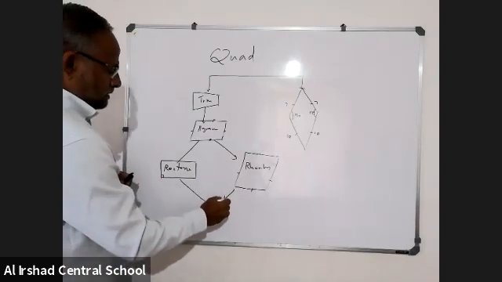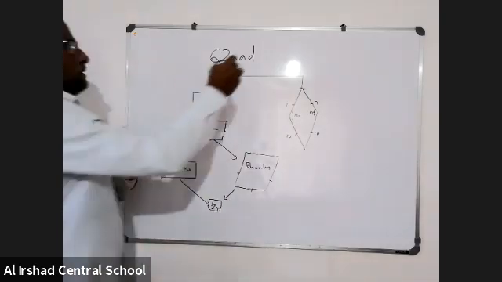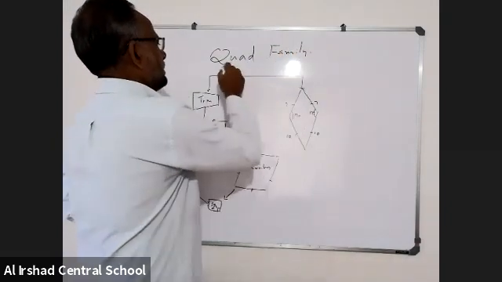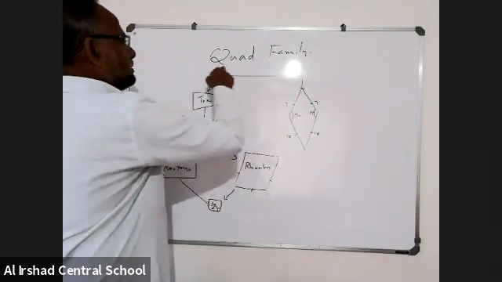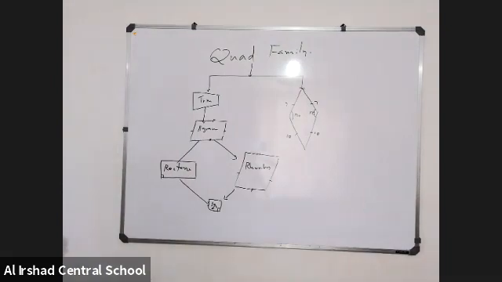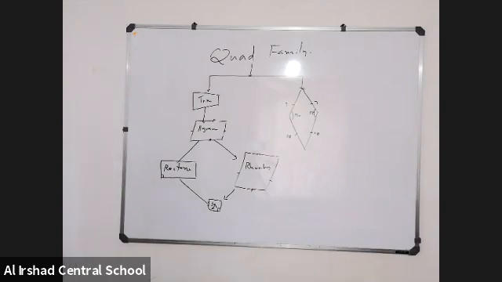This is the flow chart I told you, the quadrilateral family. All squares, I can say, are quadrilaterals. All squares are rectangles, but a rectangle is not a square.